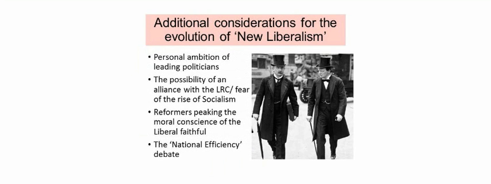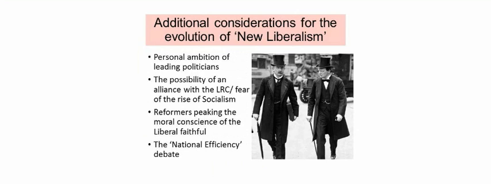So, some considerations there. Number one, why does this happen? Well, obviously you can say there's a political calculation, as we mentioned, but you can also say it happens because it fills a gap, and it follows ideas and logic which have come from the changing attitude towards poverty. It is not an accident that new liberalism happens in the 1900s as opposed to the 1880s.